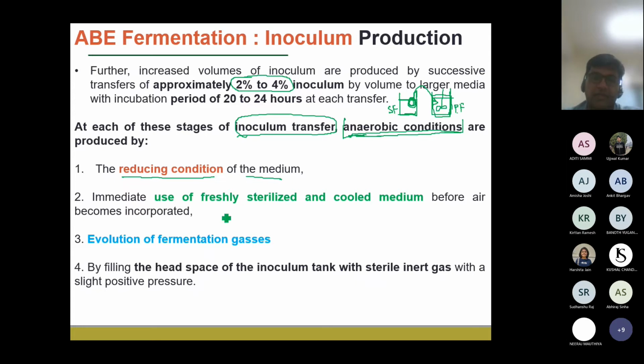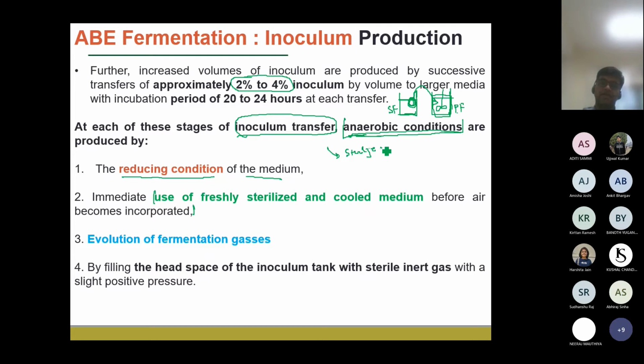Then we have to immediately use the freshly sterilized and cooled media before the air becomes dissolved in it. As we know, before we start any fermentation process, we have to sterilize, for example, the media components, or all those things that are there.